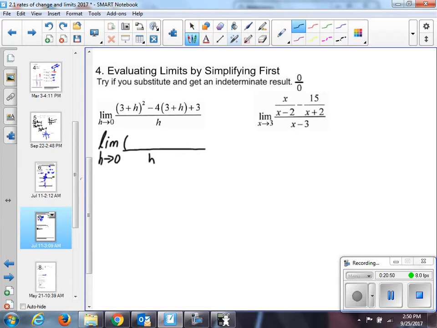If you get screwed up with these things, write it out just above. 3 plus h, 3 plus h, 9 plus 3h plus another 3h, so 6h. I'm pretending I'm working this out. Scratch, right? Then the minus 4 times 3 minus 4 times h.